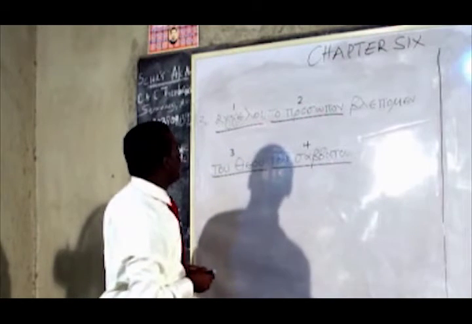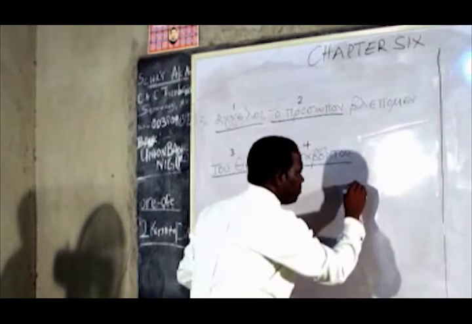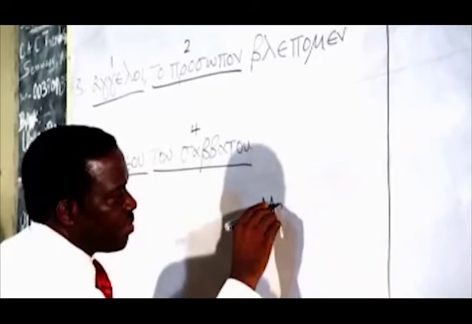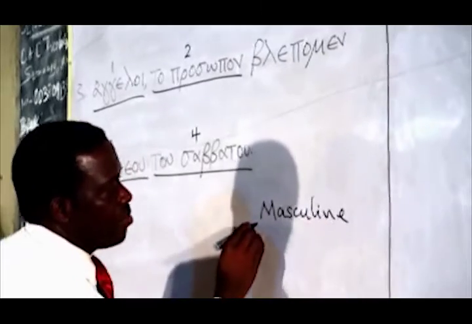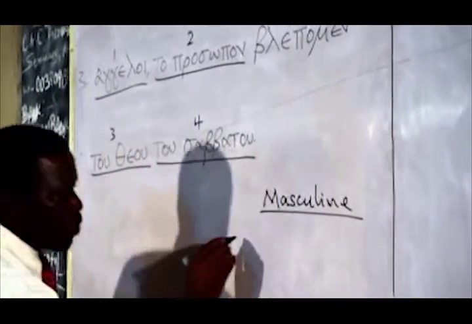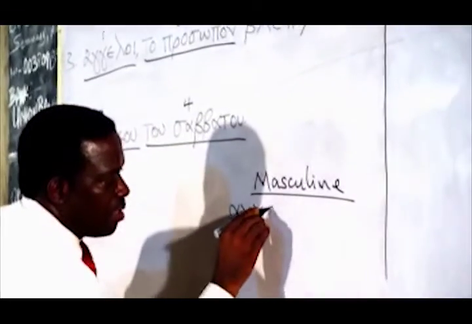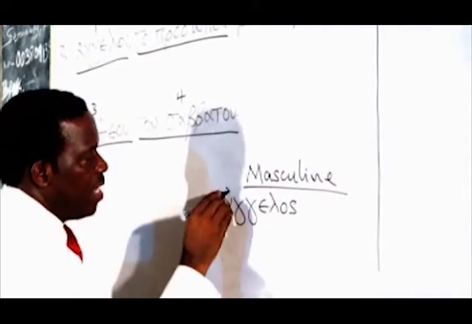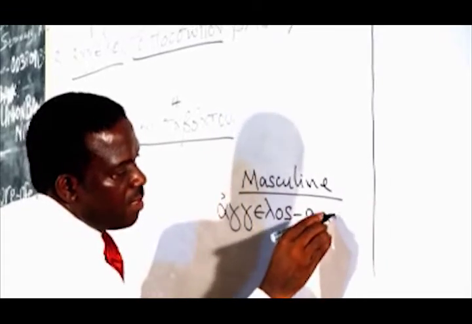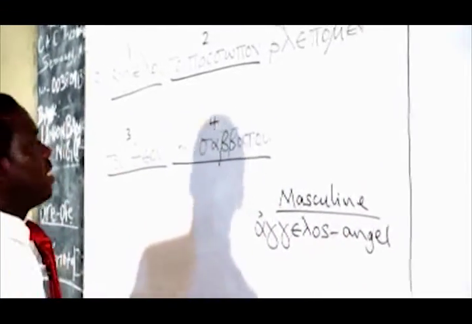We look at our vocabulary. We look at masculine nouns. Angeloi means angel, so it's a masculine noun.